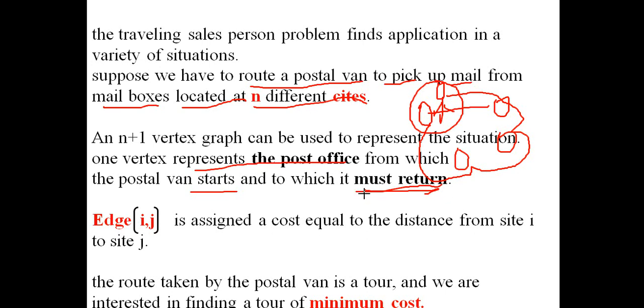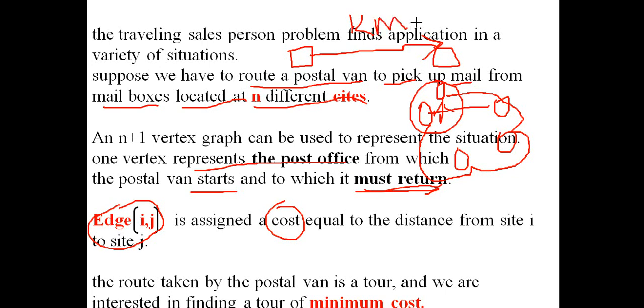To go from one place to another place, how will I identify it? That is an edge. Through the edge we have assigned some cost. Assume this one is one place and this one is another place. From this place to this place, how can you judge how far away it is? You will obviously go by kilometers.